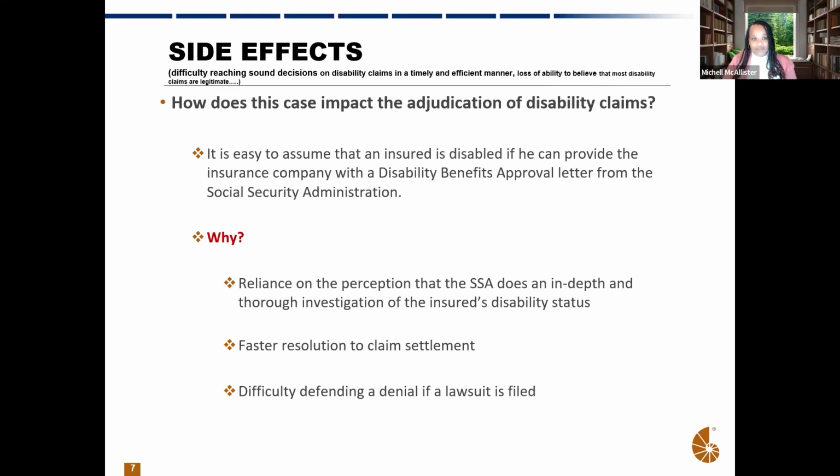No claims examiner wants to be the one in the deposition seat or in the hot seat at trial trying to explain why our expert opinion is better than that of a Social Security disability investigator at the Social Security Administration. So those are the reasons why we depend on that letter.